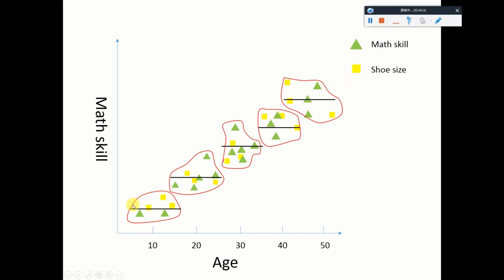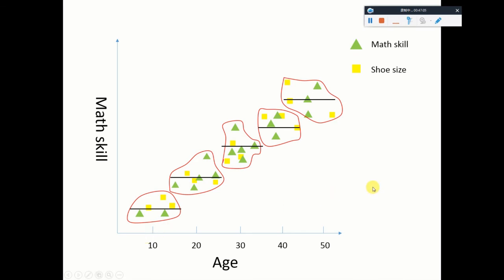But once we focus on the correlation between math skill and shoe size at each level of age, all of a sudden the positive correlation is not there anymore. What really happens is a flat line, flat line, flat line. In other words, there's no real pattern that can best describe math skill and shoe size at each level of age.